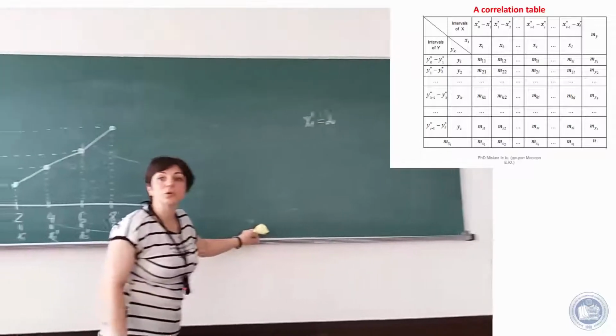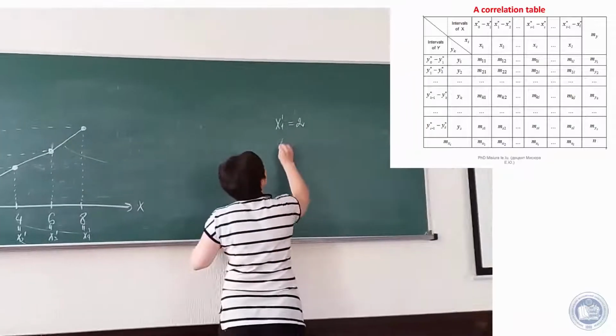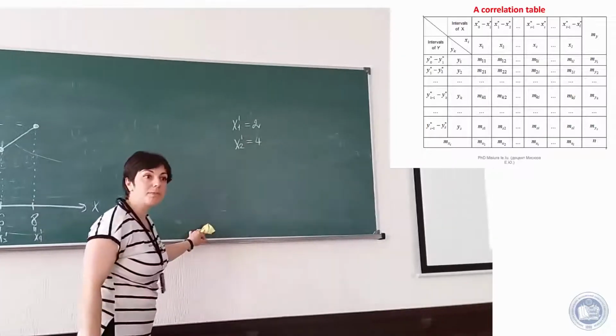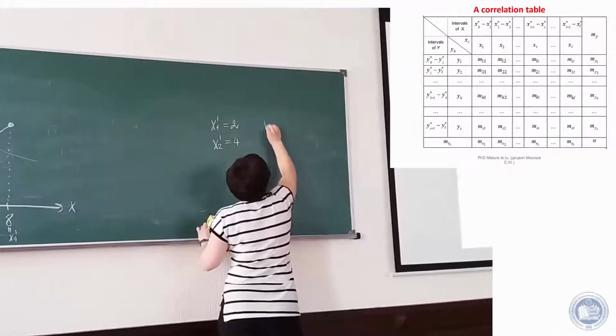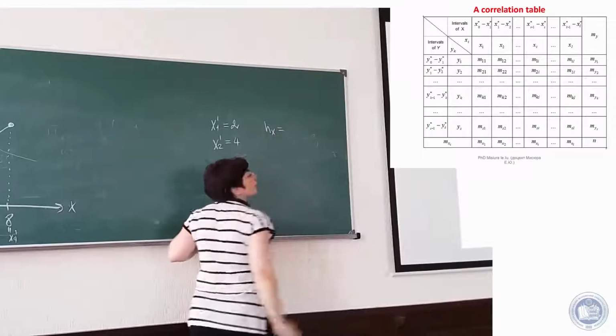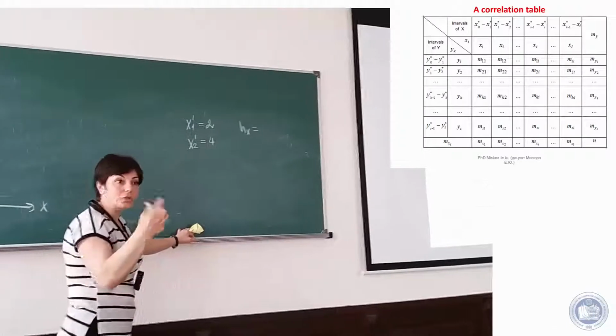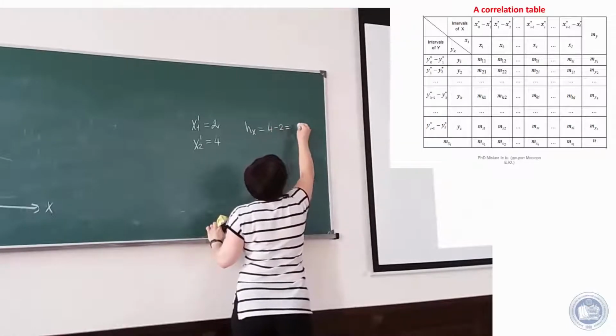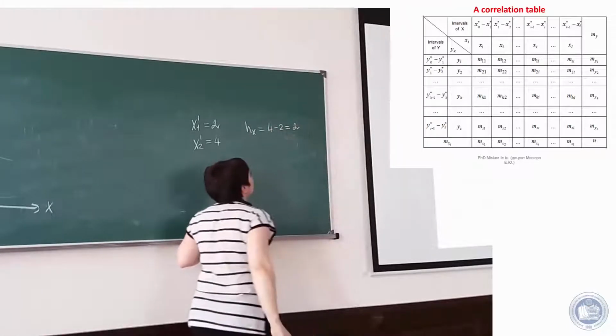Students, first midpoint equals 2. Agree? Second midpoint equals 4. Agree? Students, how to find the length between two midpoints? h, yes? Okay, it's 4 minus 2. 4 minus 2 equals 2. Okay.